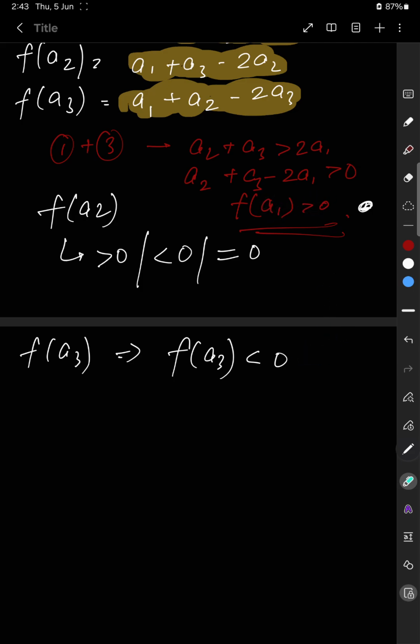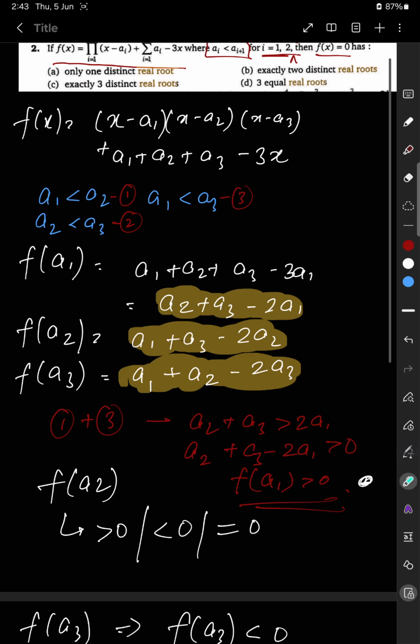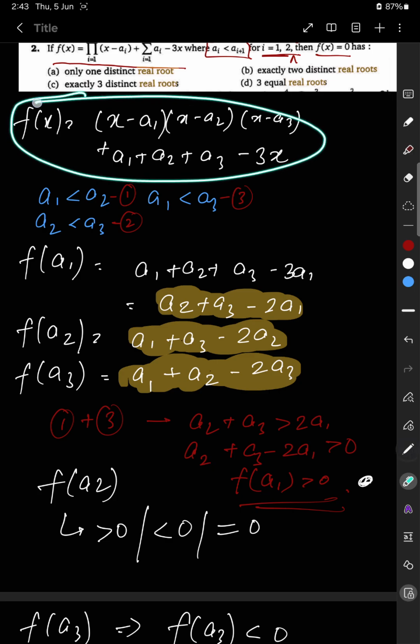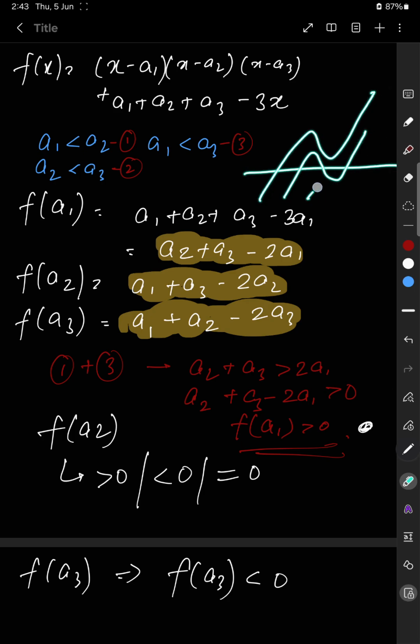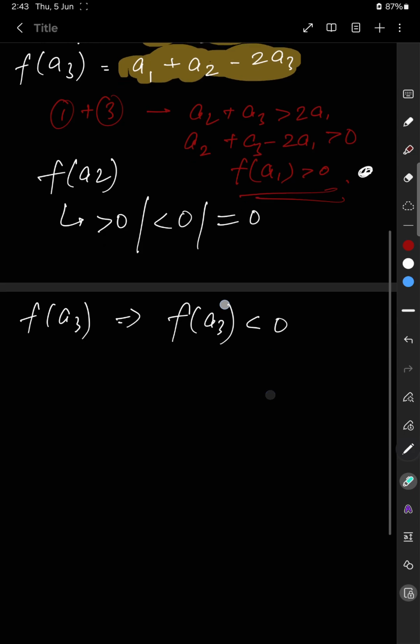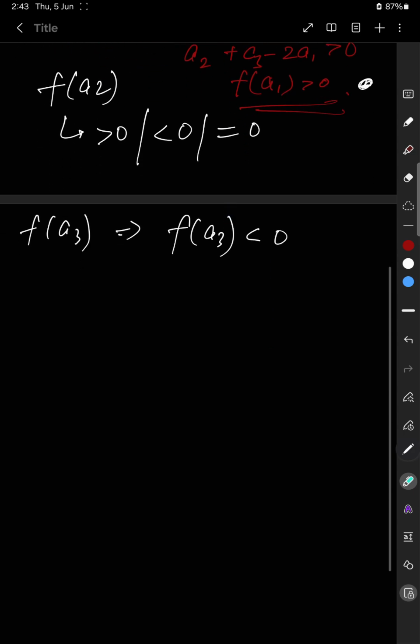As we know, this equation is a cubic equation. So the cubic equation is of a type something like this or this. Here, as we are given f of a1 is greater than 0, it should be positive.